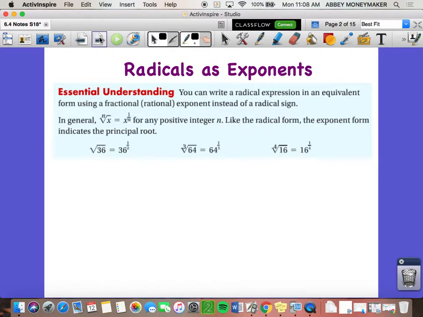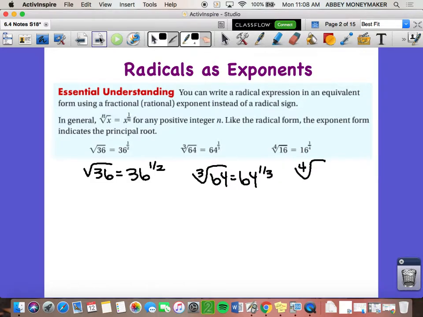So, for example, if you have the square root of 36, I know this is hard to see, so I'm going to rewrite it. If you have the square root of 36, that's the same as 36 to the 1/2 power. If you have the cube root of 64, that's saying 64 to the 1/3 power. And if you have the fourth root of 16, it would be the same as saying 16 to the 1/4 power. Okay?